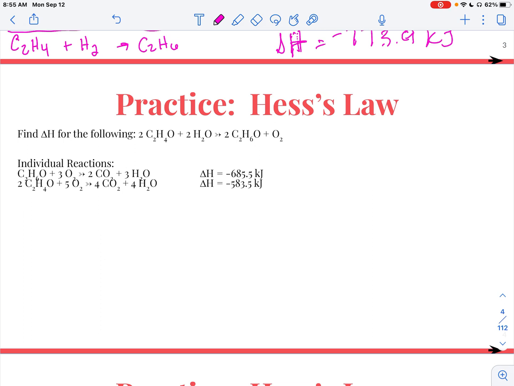I see that this needs to be flipped and multiplied by 2. And then it looks like this one's going to stay the same.